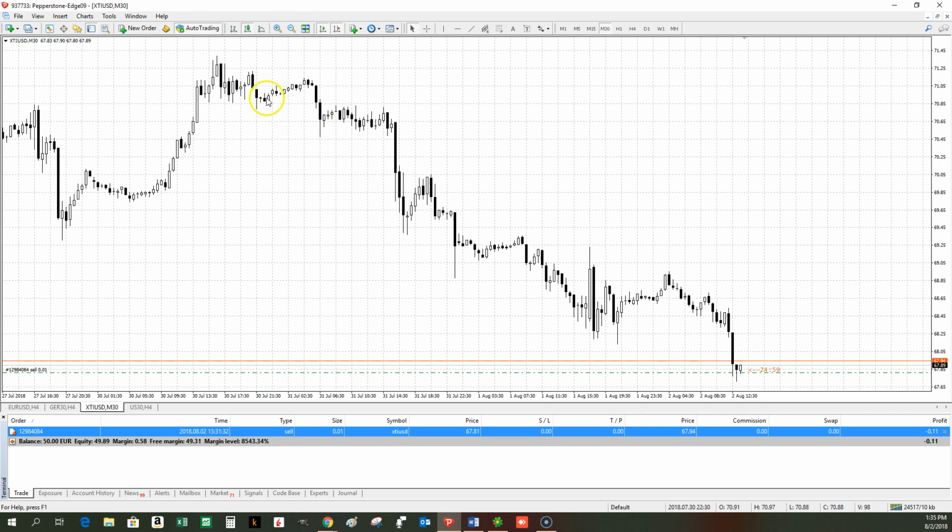So let's say that you stick to follow the trend, and you sell here, you sell here, you sell here, then all your position will be positive.